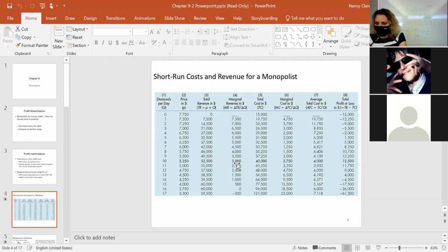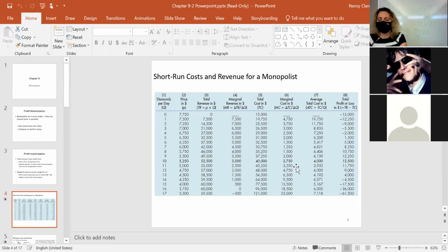If we look at the marginal revenue, we can see it's 3,000. Our marginal cost is 27.50. That's good. Our marginal revenue is greater than our marginal cost. So what we're selling that unit for is greater than what it's costing us to make that unit. You can see that when we hit 11, we're only getting 2,500 for that unit, and it's costing us 32.50 to make.